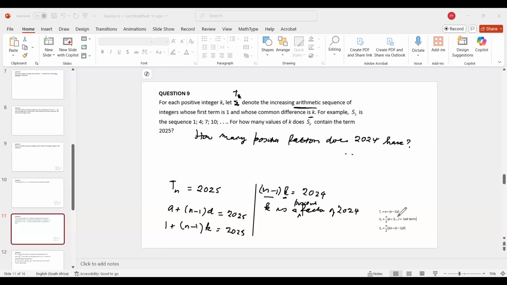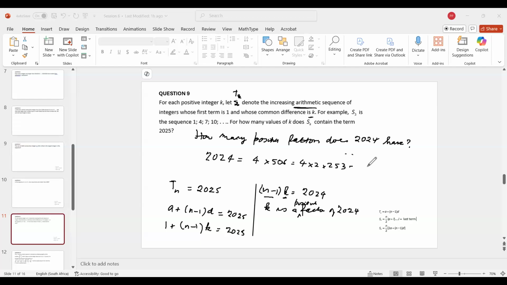Now we've answered this question in another session, where we calculated the number of positive factors for a given number. If you went over that lesson, you will recall that I factorized the number. This is 4 multiplied by 506. This is 4 times 2 times 253. And this factorizes because 11 goes into this.